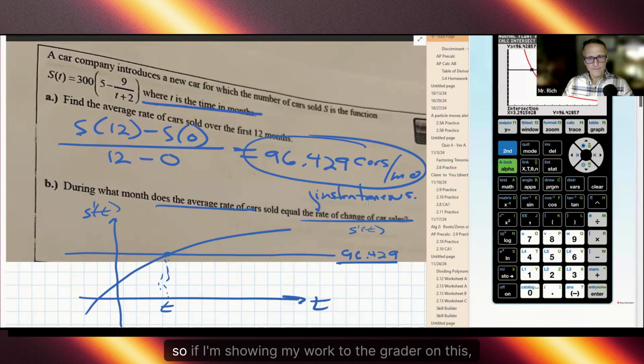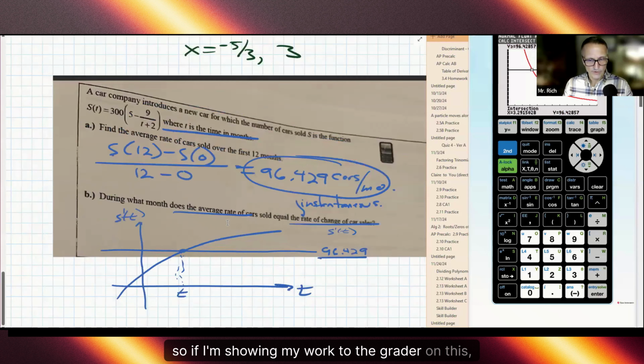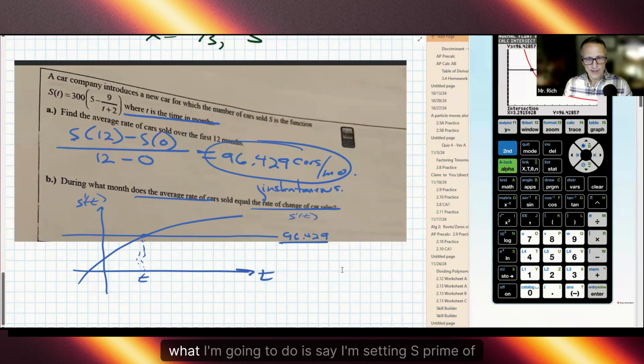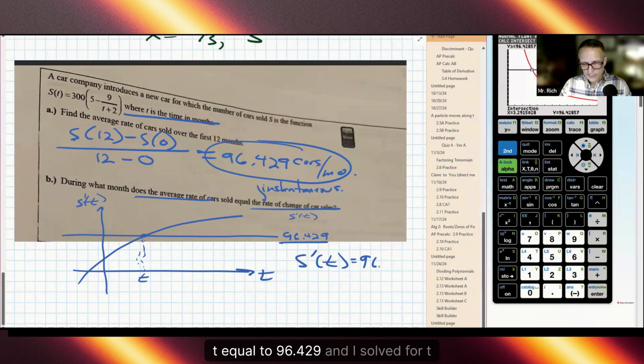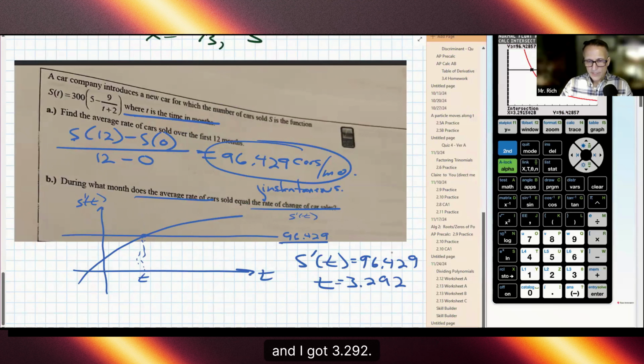3.29. All right. So if I'm showing my work to the grader on this, what I'm going to do is say I'm setting S prime of t equal to 96.429, and I solved for t and I got 3.292. That means that it happened in March.